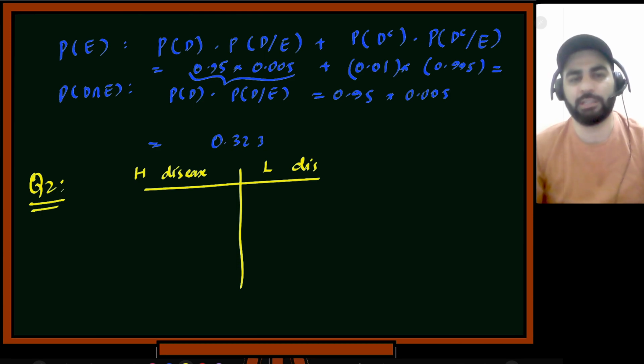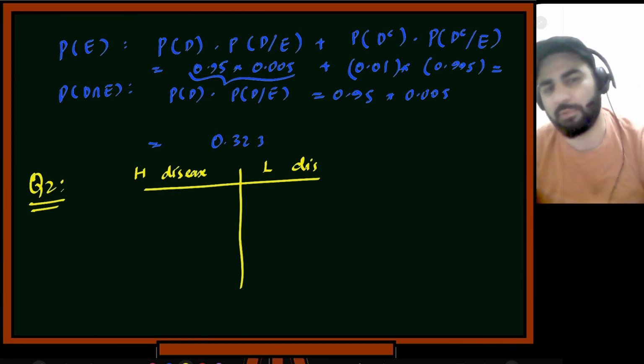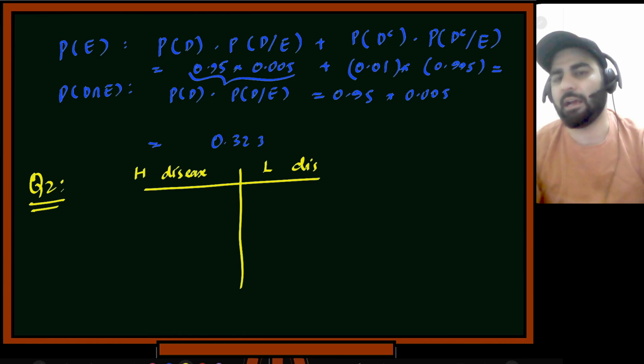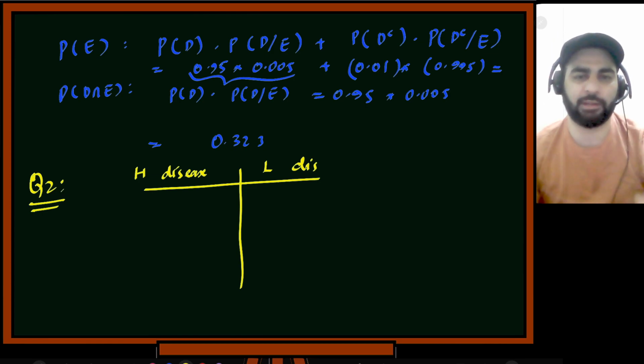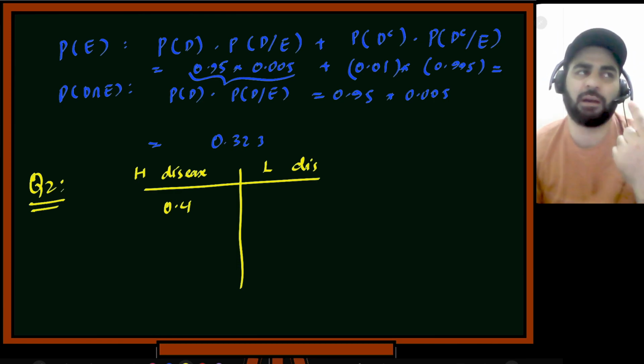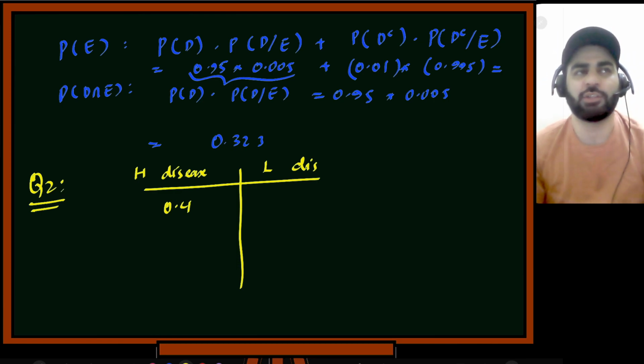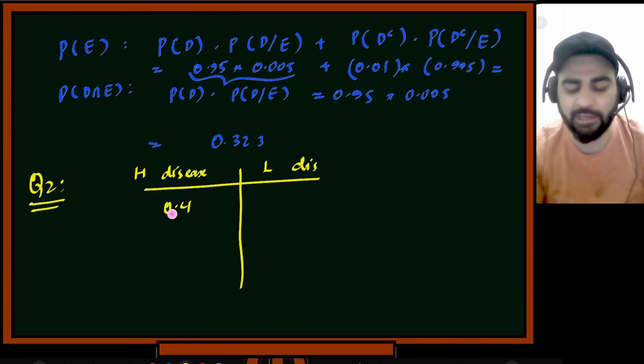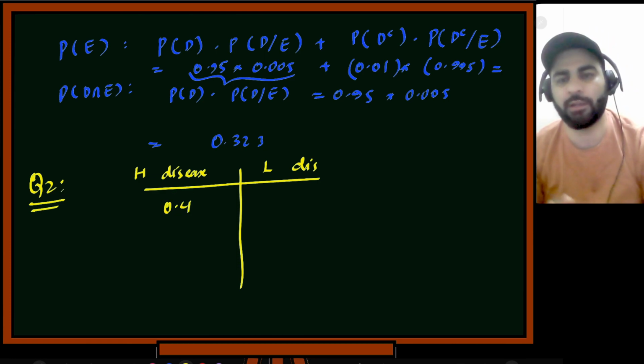What they have concluded is that an accident prone person will have an accident within a fixed 1 year period with probability 0.4. So for the person who has a high chance of getting a disease, the probability of having a disease within 1 year is 0.4. This is one thing they have concluded from their statistics.